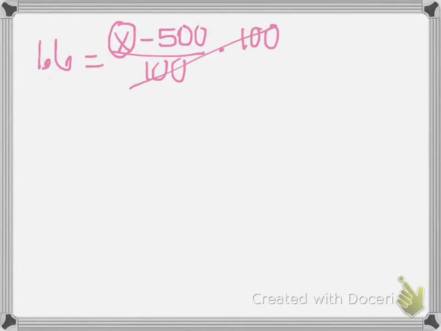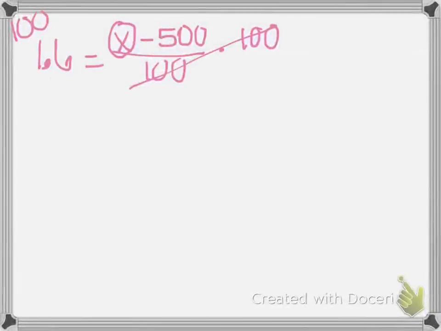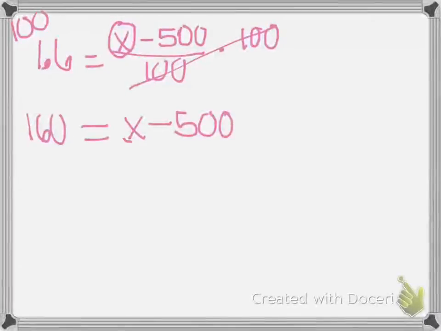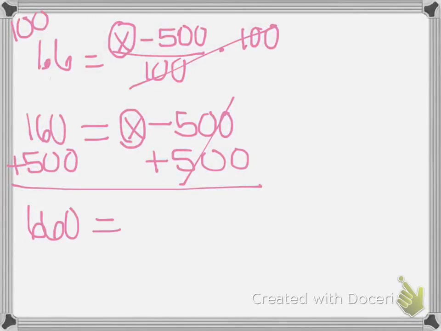What you do to one side, you do to the other. 1.6 times 100 is 160. Move that decimal over 2 to the right if you need. So we always multiply by the standard deviation first. And next, to isolate X, we're subtracting 500, so we need to add 500. We have 660 is equal to X. And that's our observation. That was her score on the SAT.